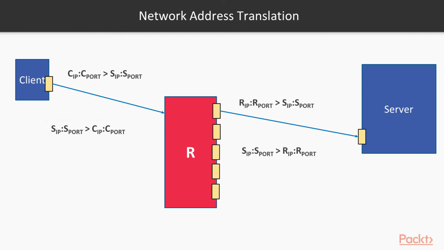And the client doesn't see that network address translation has actually happened. It feels as if its private address, which is assigned to many clients on different private networks, was on the internet, at least for the connections that it initiates through the router.